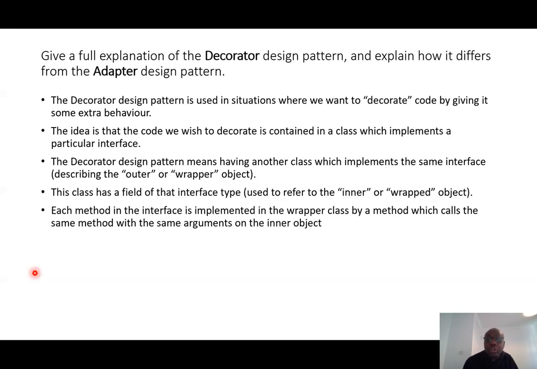Inside it, those methods are implemented by the method which calls the same method with the same argument on the inner object, which is the interface in this case. But it will also perform some additional tasks. That is the decoration.